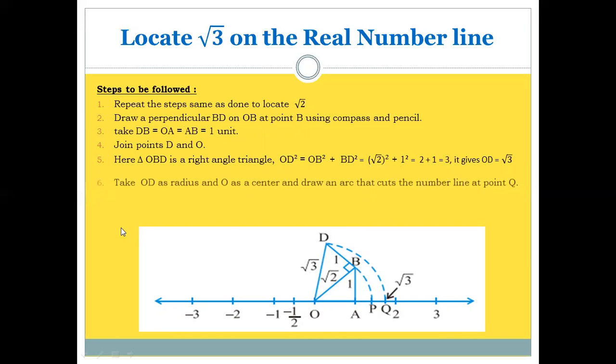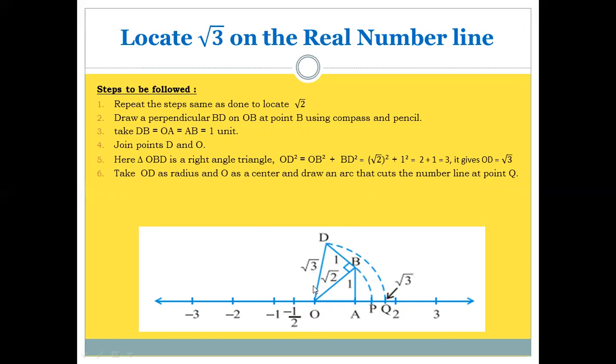So now we have to take OD as the radius, as previously we took OB as the radius in the root 2 construction. Now with OD as the radius and O as the center, we draw an arc again, and that cuts the number line at point Q. So this point Q is nothing but root 3 itself, represented on the number line by the point here, right?